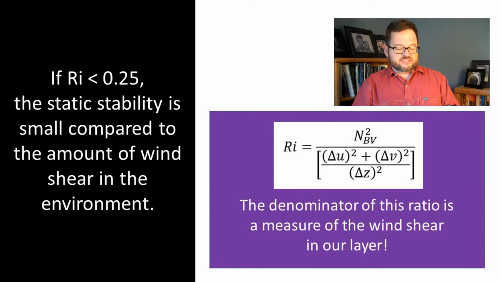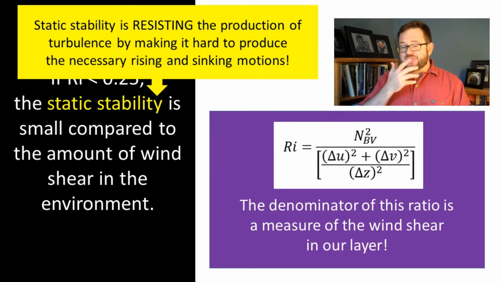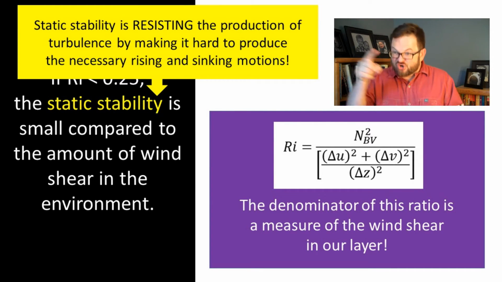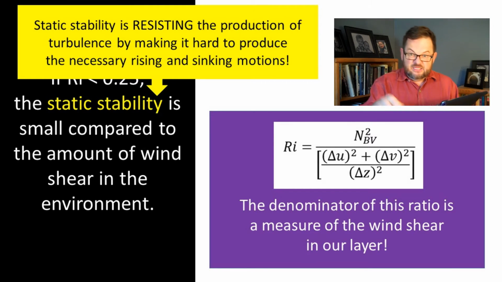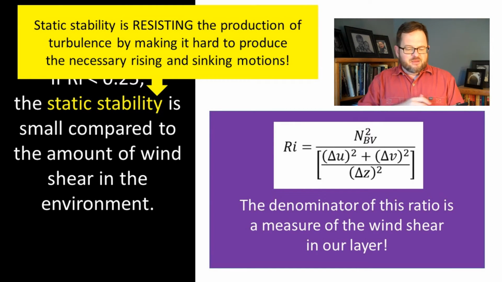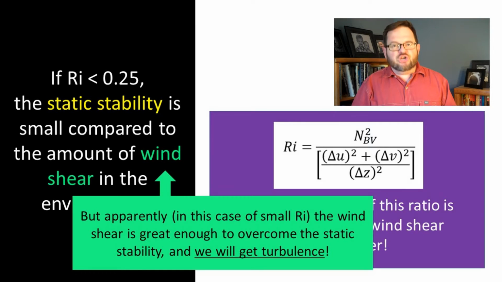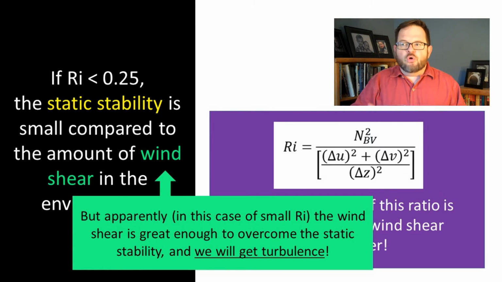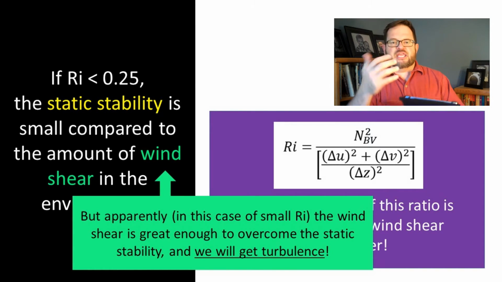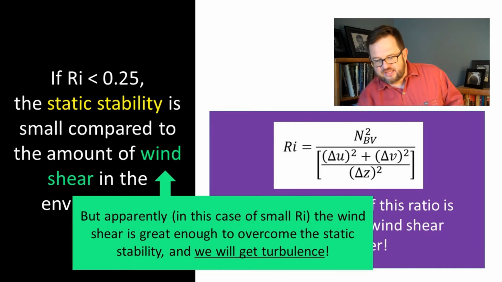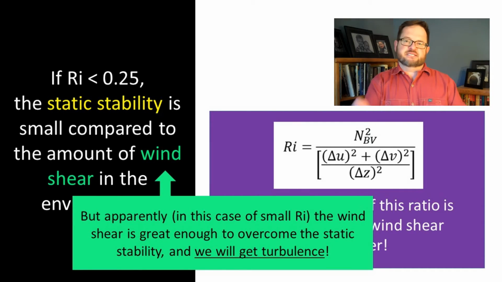And what's going to happen is, well, that static stability is resisting those vertical motions that the turbulence is trying to set up, where there's little bits of rising and little bits of sinking. But there's just apparently so much more shear in the flow that it can overcome that. It can do the work necessary to lift the air parcel against the static stability. And we're going to get turbulence.